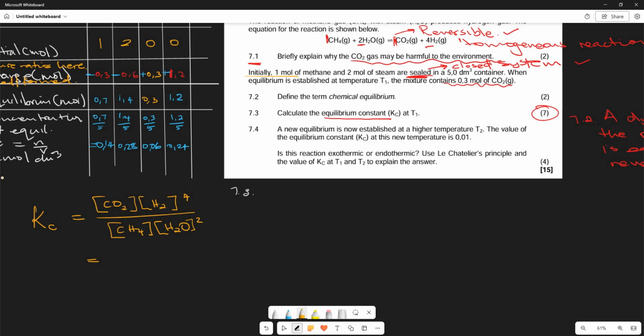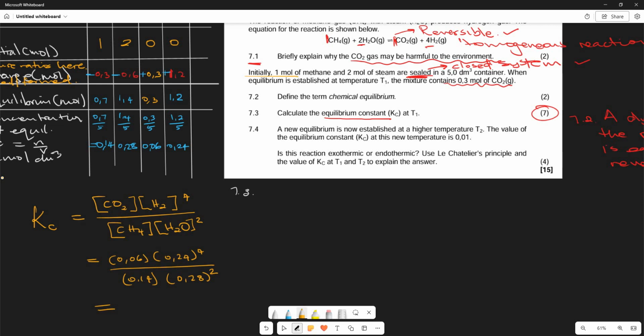So with that, let's substitute quickly. It's going to be 0.06 multiplied by 0.24 to the power 4, divided by 0.14, and we put in 0.28, then to the power 2. Then what answer are you going to get there? Let's quickly work it out.